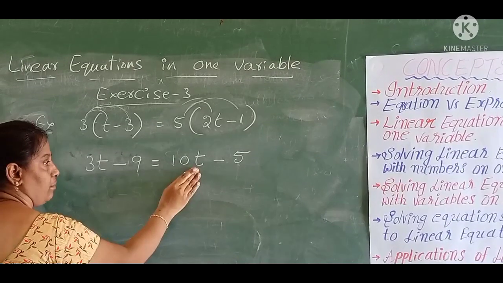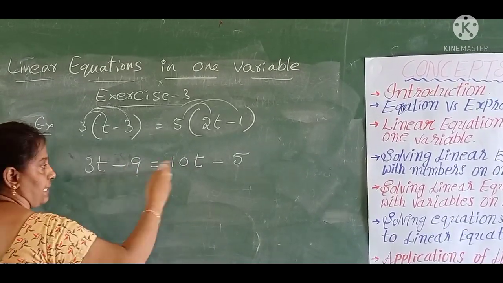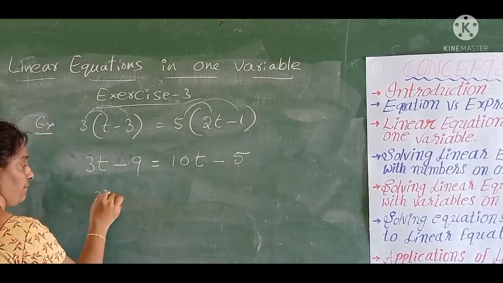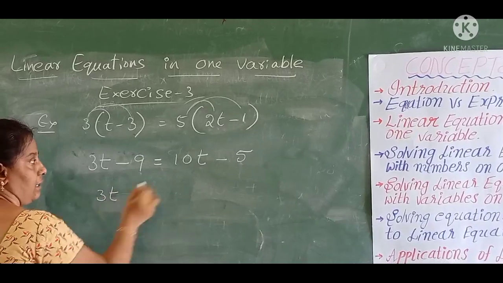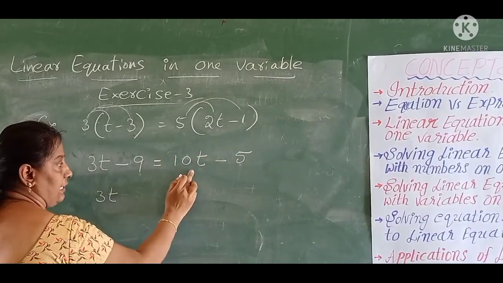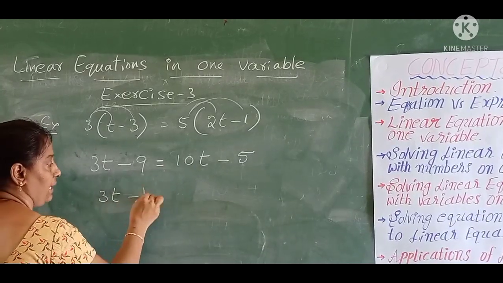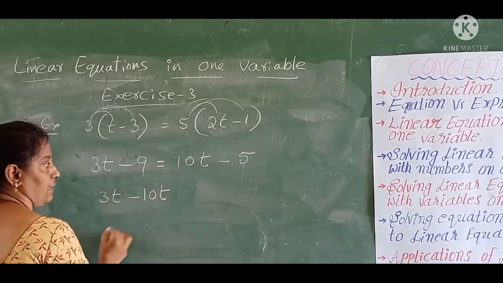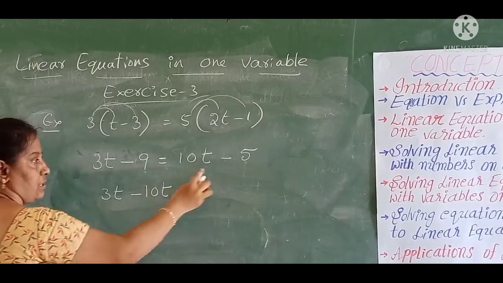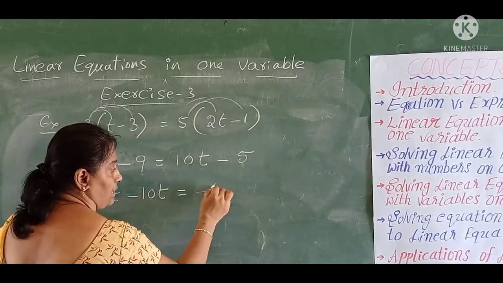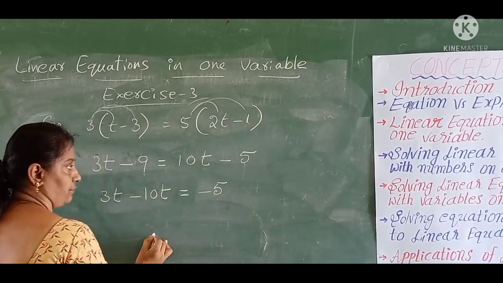Move the variables to the left side and the constants to the right side. Left side 3t is already there, right side 10t is positive. Moving to the left side, it will become negative 10t. On the right hand side, the constant is minus 5.